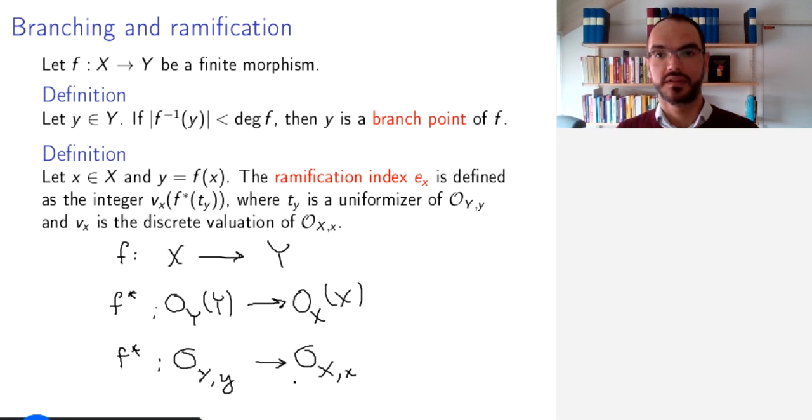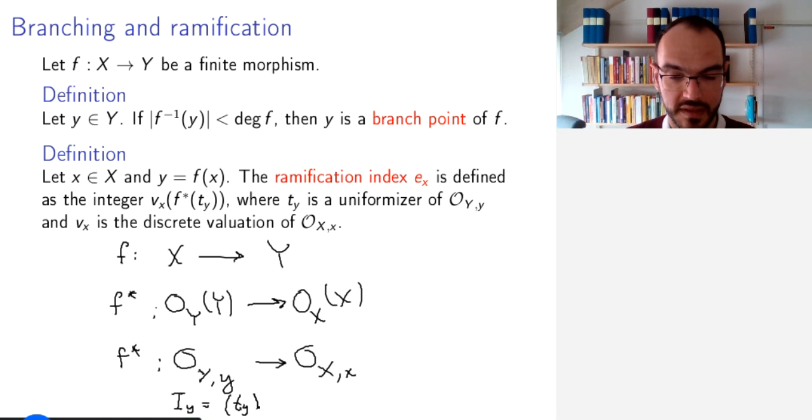Now these are local rings, and since our curves are smooth, these are regular local rings, so discrete valuation rings. So the maximal ideal here, I_y, is generated by some element t_y.